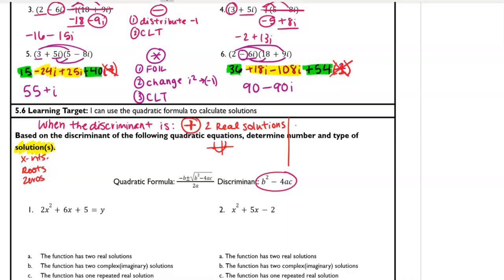When our discriminant is equal to 0, we have one real solution, which means our vertex of the parabola is on the x-axis.